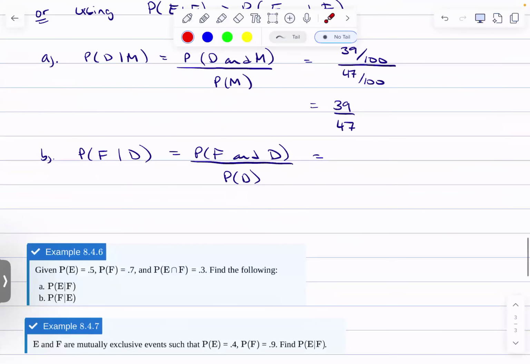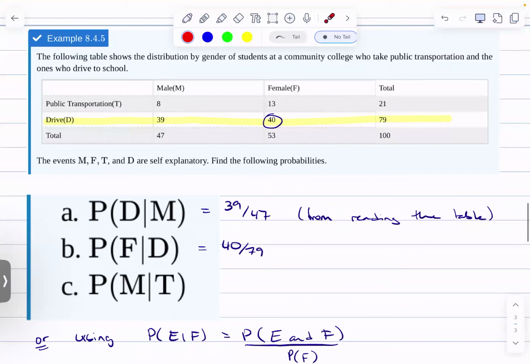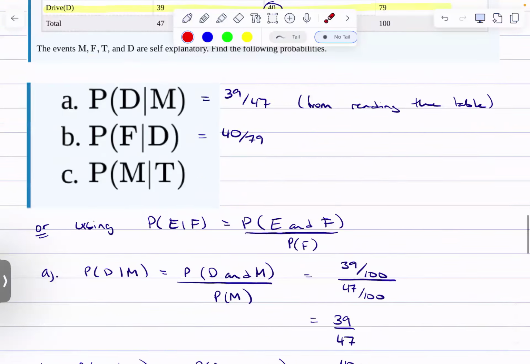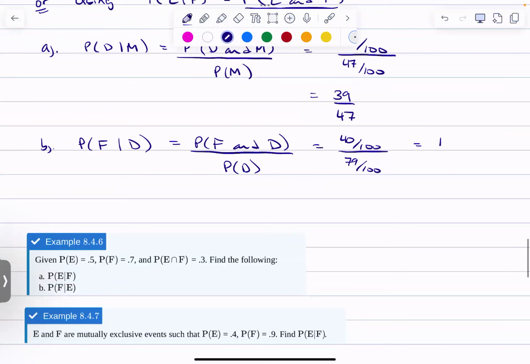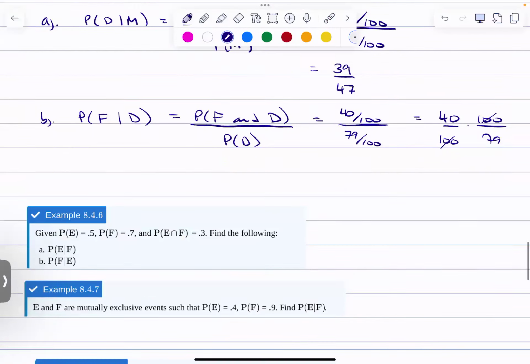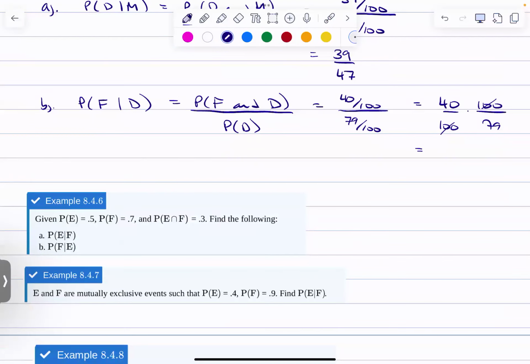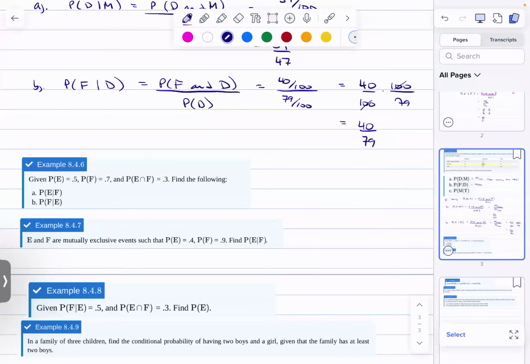And so it's 40 out of 100 over the probability that they drive, which is 79 out of 100. Which is 40 over 100 times 100 over 79. 100 divided by 100 is 1, and you get 40 divided by 79.